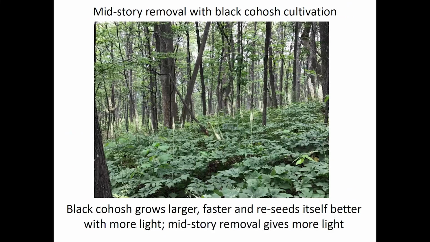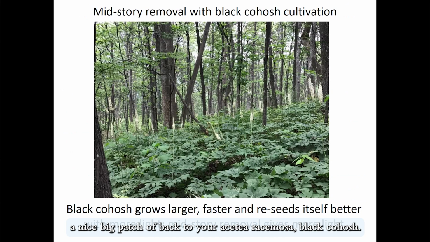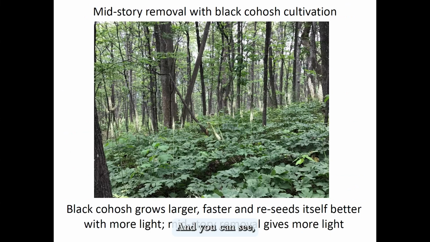Yeah. So you can see here's a nice big patch of Actaea racemosa, black cohosh, and you can see it's very happy where it is. Thinning out maybe some of the shrubs from that patch, letting a little more light in, and burning.